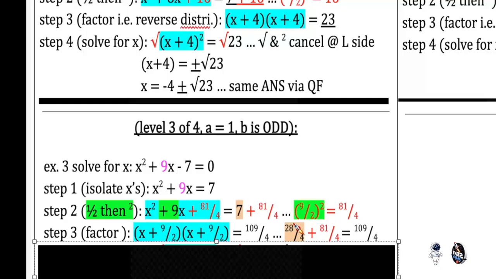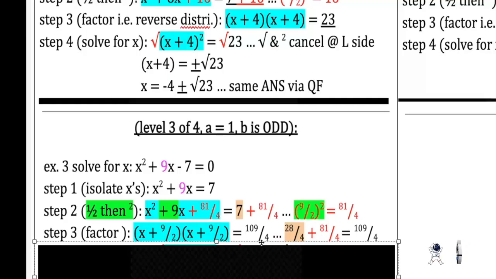I combine the numerators by adding, and 28 plus 81 is 109, and then keep the denominators the same, okay, because when you add fractions, the denominator remains the same. And so these two combined to 109 over 4 by this process here, okay?